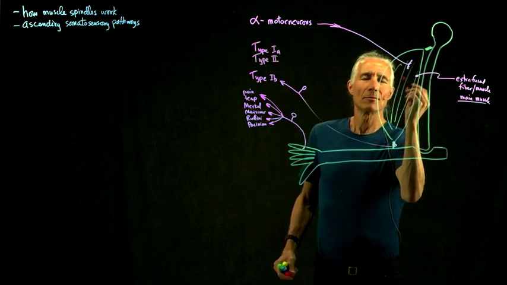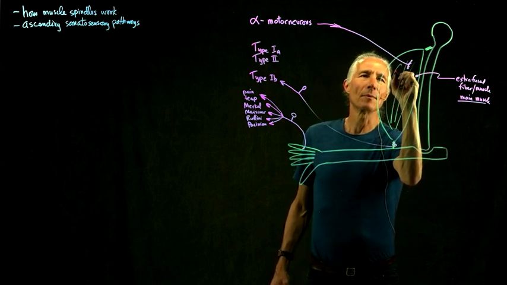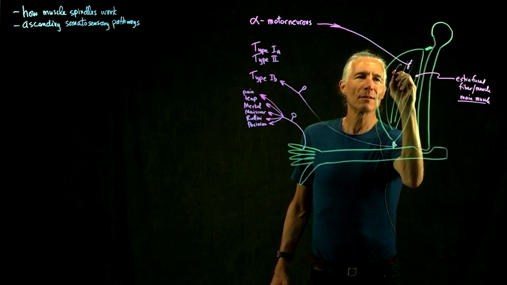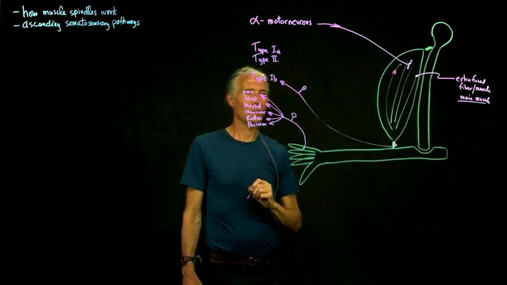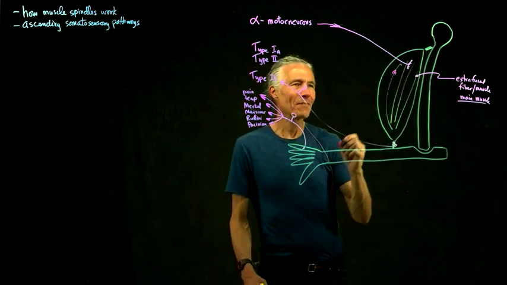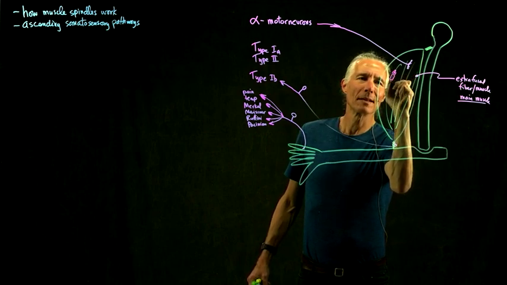I'll draw it much bigger than they are, they're quite small, so we can see the parts. They're actually stuck down to the muscle, and they've got their own little muscle known as the muscle spindle muscle. So they have their own little muscle, and then they got a detector part, and then another little muscle like that, and it's bolted down.